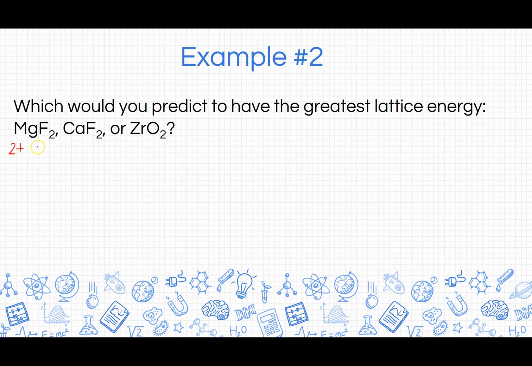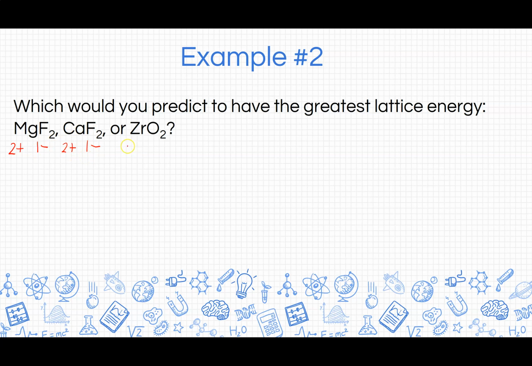Mg is 2 plus, F is -1, Ca is 2 plus, F is -1. Please notice I'm looking at the charge of the ion, not how many of the ion I have. So F is a -1 ion. Even though I have two -1 ions, I'm not counting that as a -2. It's still a -1 ion. So it's the charge of the ion. So magnesium is the +2 ion, fluorine is a -1, calcium +2, -1, so those are the same.